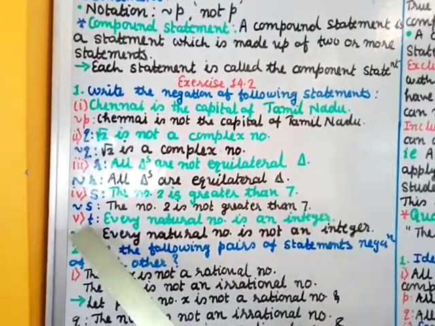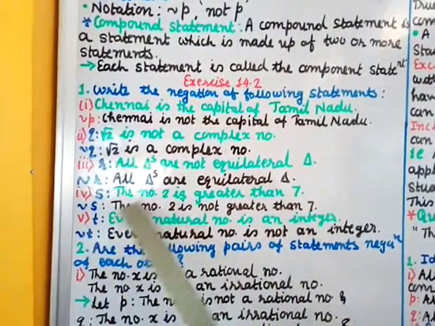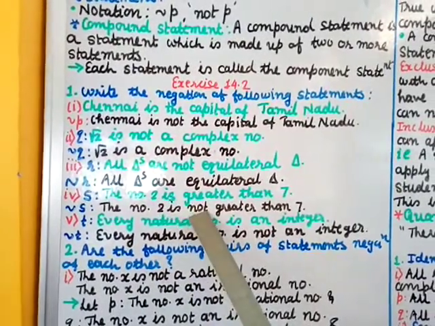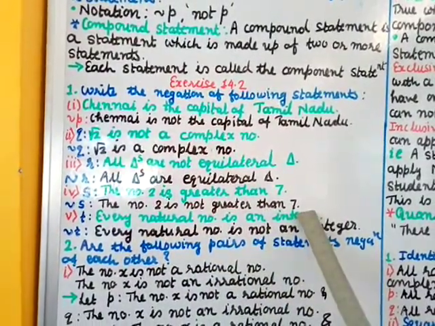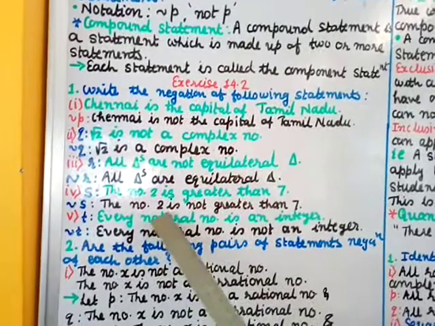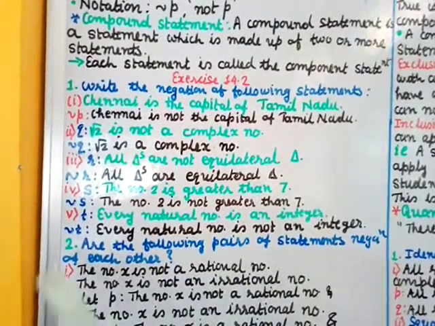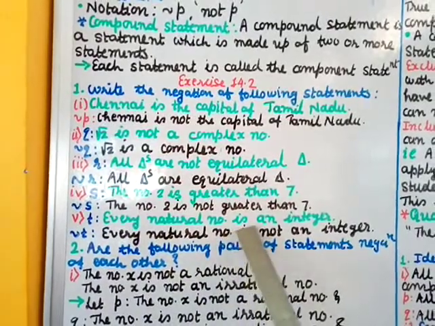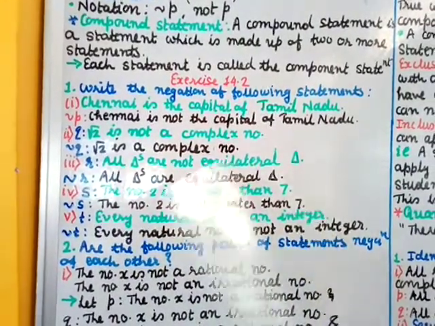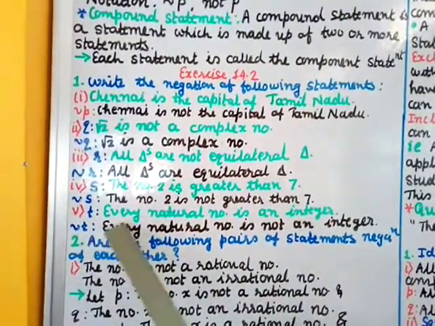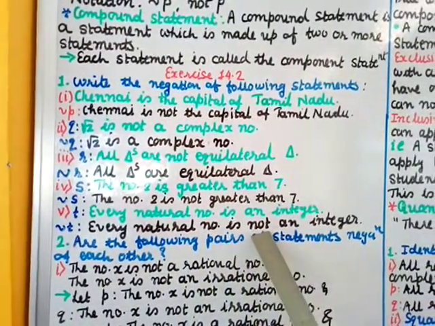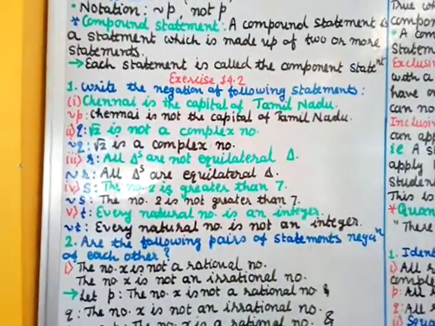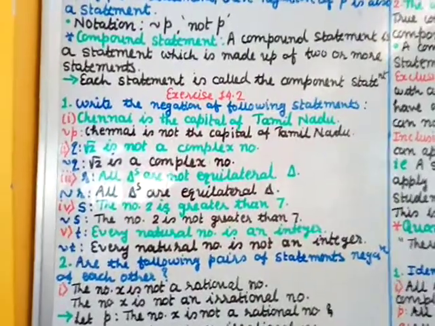Now the negation of this is not S: the number 2 is not greater than 7. Number 5, statement T: Every natural number is an integer. Negation of this will be not T: every natural number is not an integer. So this is question number 1.